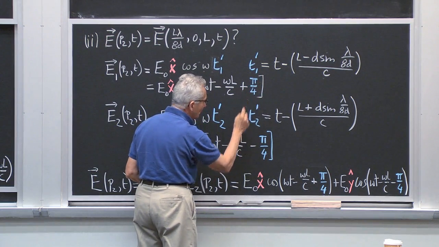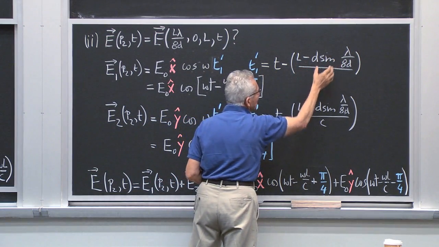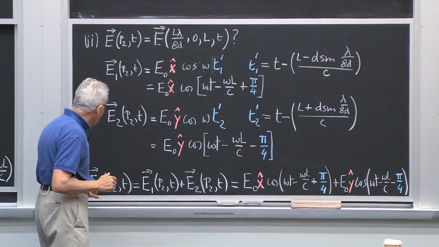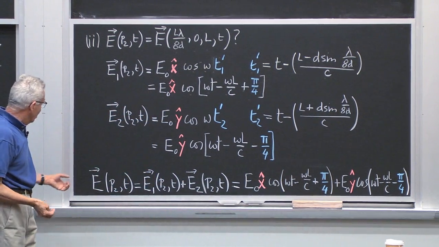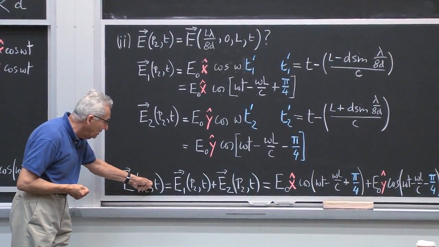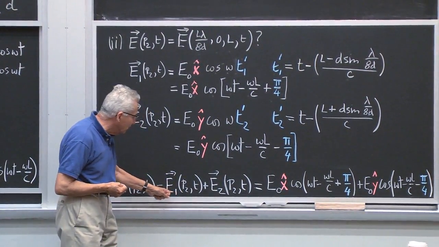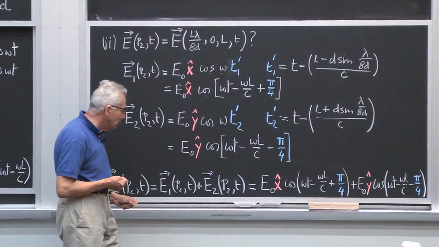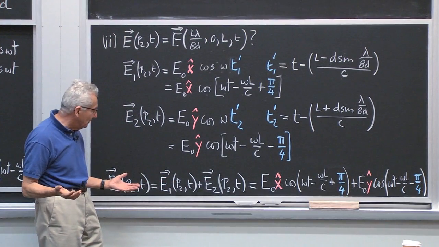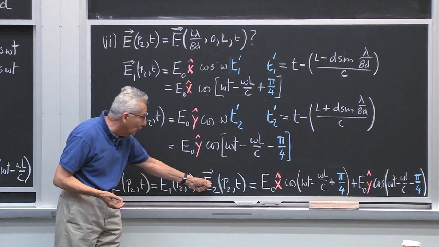Here it's plus pi over 4, here it's minus pi over 4, because here it's minus that little bit of distance, and here it's plus a little bit of that distance. Okay, so we finished. The total electric field at P2 and time t is the sum of the electric field due to the first charge plus due to the second charge. And as I mentioned a second ago, electric fields are vectors, so we have to add these two vectorially.